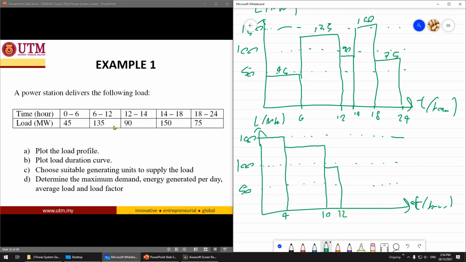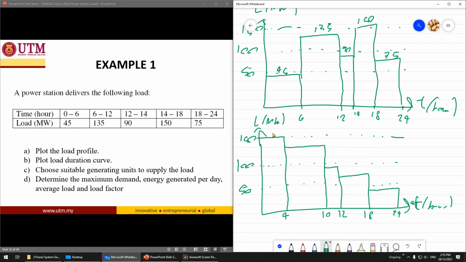Then 75 for this one, from 18 until 24 is 6, and 12 plus 6 is 18. And lastly, the smallest one, 45, is here at 24.